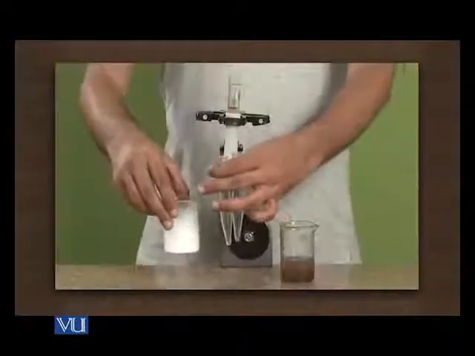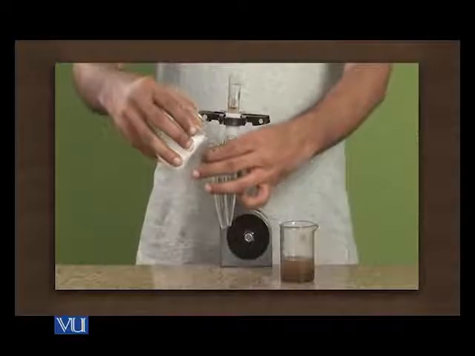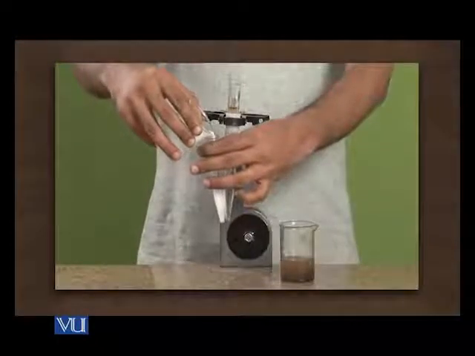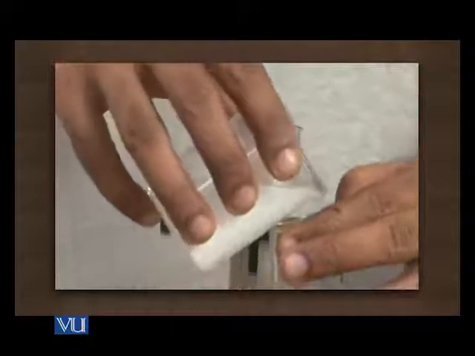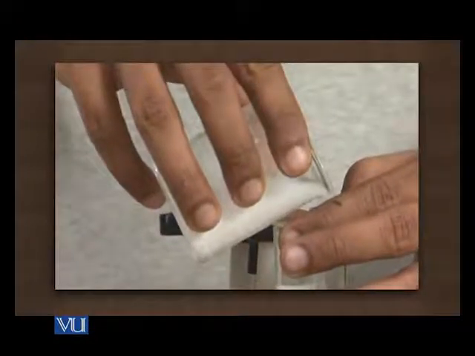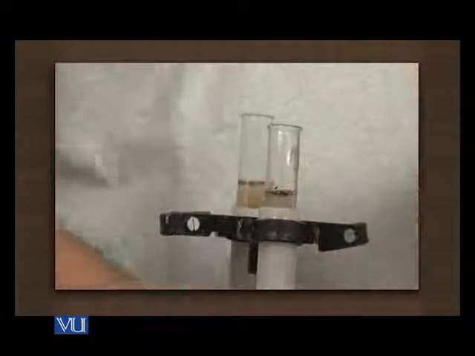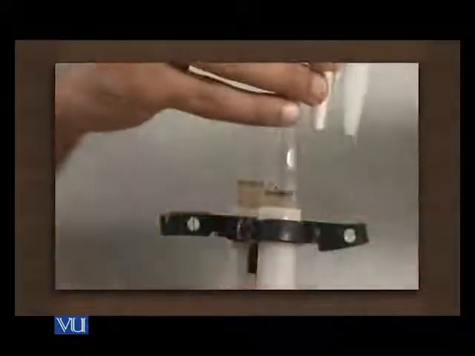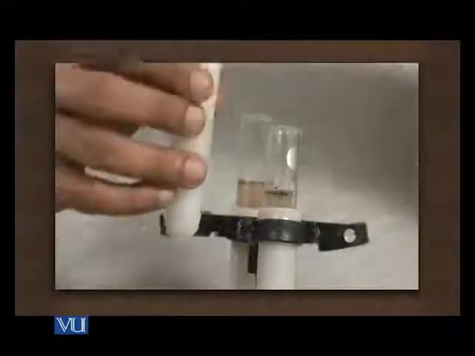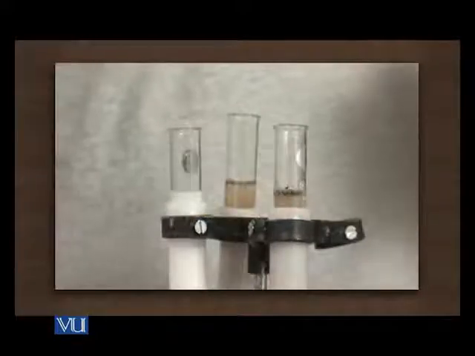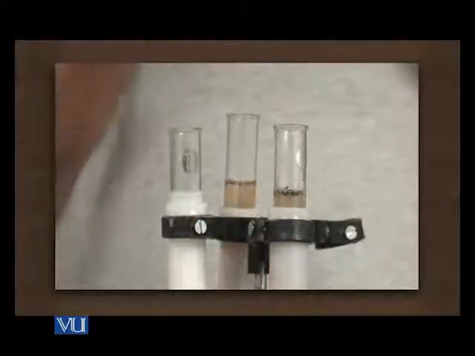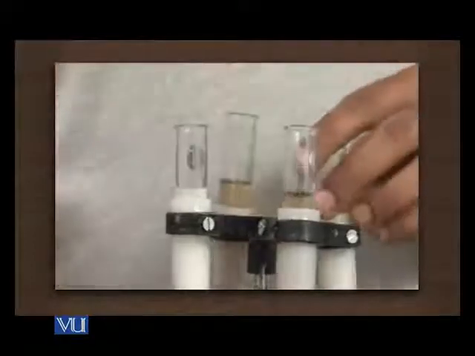Now take the calcium hydroxide mixture in the test tubes and also place them in the centrifuge machine. Rotate the machine fast for a few minutes.